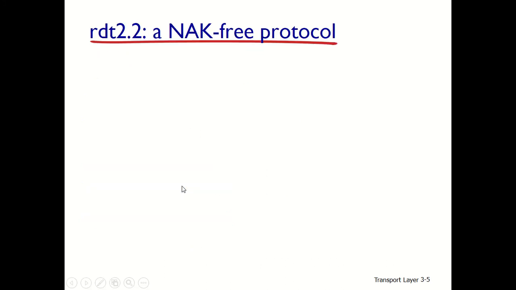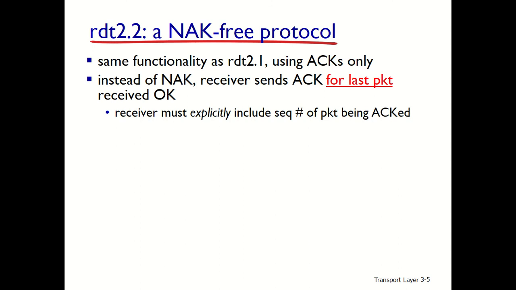Now in the negative acknowledgement free protocol, we attach the sequence number to the acknowledgement as well, and that sequence number should be for the last packet that is received. In this way, we don't need the negative acknowledgement. Therefore RDT 2.2 is called a negative acknowledgement free protocol.